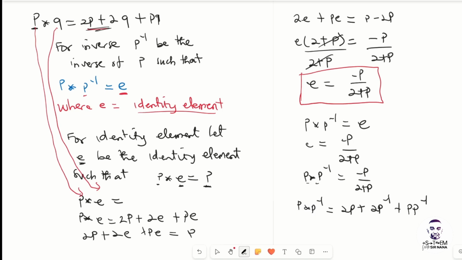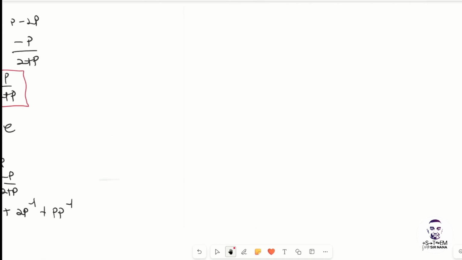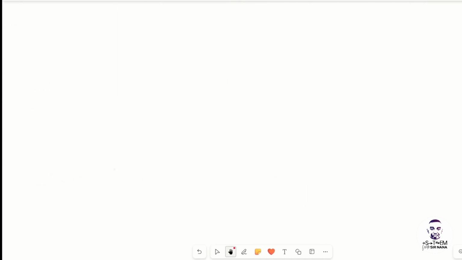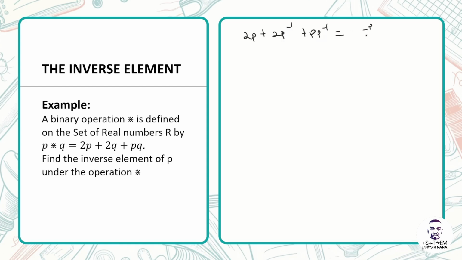And we are going to take this and equate it to minus P all over 2 plus P. So you are going to have 2P plus 2P inverse plus P inverse equal to minus P all over 2 plus P. Okay, so it means that here we can just simply simplify by dividing by 1. Then we cross multiply. So that gives us 2 plus P. We can put into brackets. So we have 2P plus 2P inverse plus P inverse to be equal to minus P.